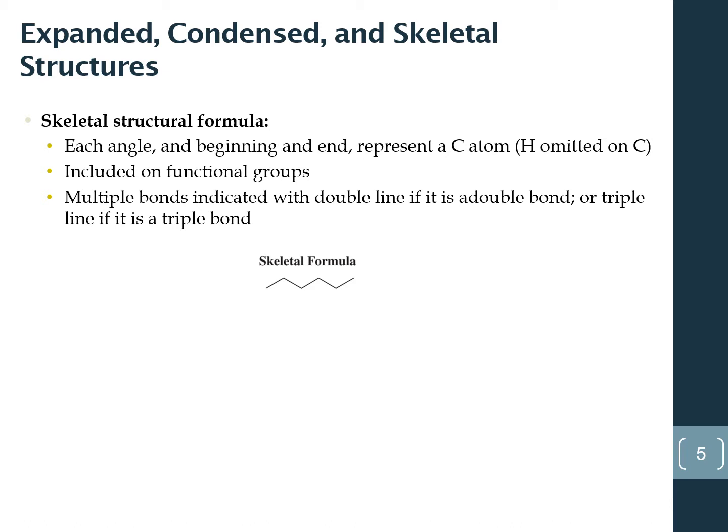When you have a skeletal formula, you don't get to see the carbon symbols or the hydrogen symbols. If you have any element different from carbon or hydrogen, you will get to see the symbol for those elements. But if it's only carbon and hydrogen, you don't get to actually see the symbol.